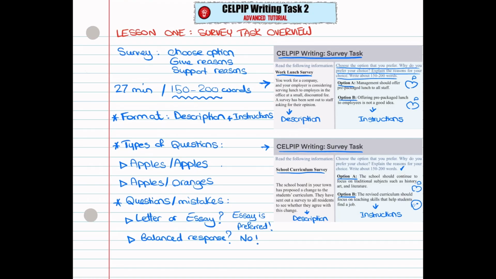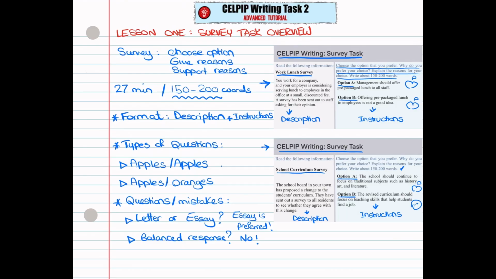The task prompt has provided you with two clear options to choose from. And the last thing you want is for the examiner to say you failed to follow the instructions. So just choose one of the two options and avoid a balanced response, which may be regarded as failure to address the task in a thorough and appropriate manner.